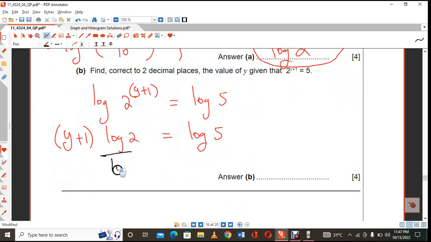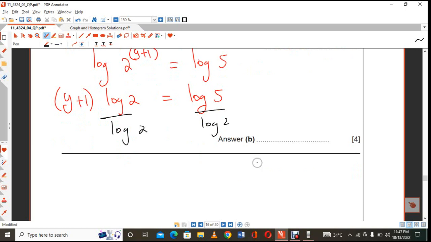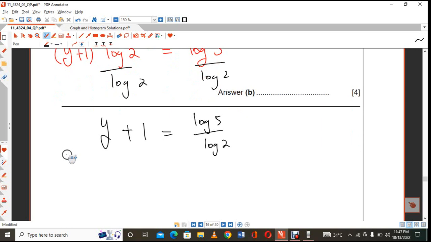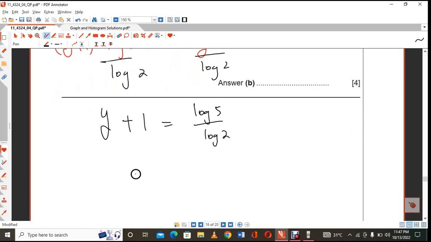Log 2, remember that's a calculator value. So y plus 1 equals log 5 over log 2. I'm not working it out yet on my calculator. I'm isolating for y. So y will be log 5 over log 2, take away 1 because we're adding that.